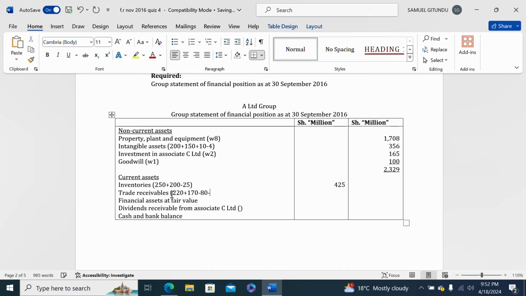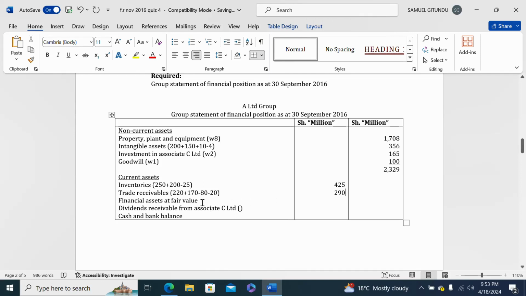And of course, there was cash in transit of 20. If we do this, we are getting the trade receivables as 290.